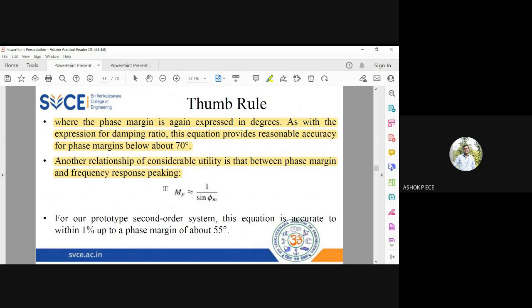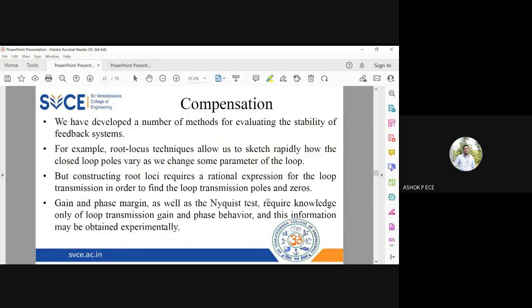Why am I relating everything with respect to phase margin? Because compared to gain margin, computing phase margin is very simple, since at the phase margin the gain value will be equal to 1, unity. So computing phase margin is going to be very, very easy for me. This approximation is accurate up to 1% for a phase margin of 55 degrees.